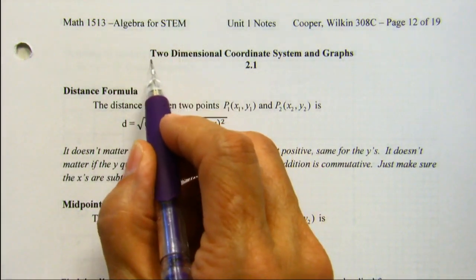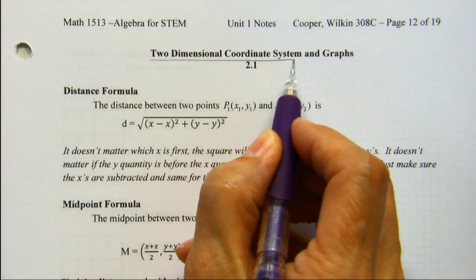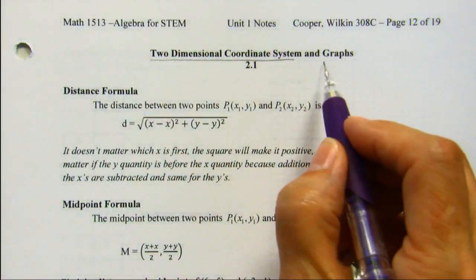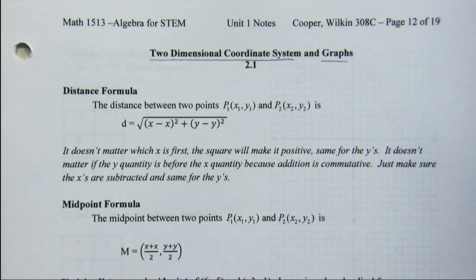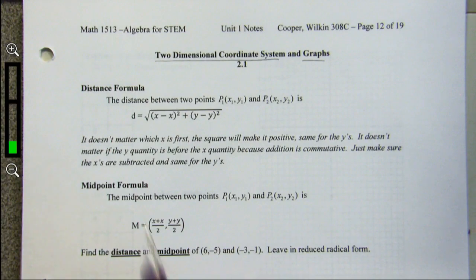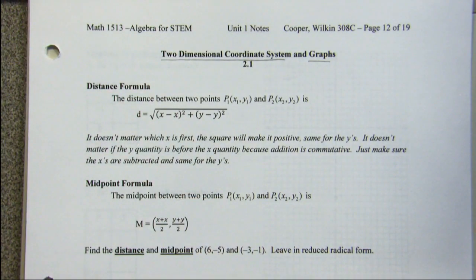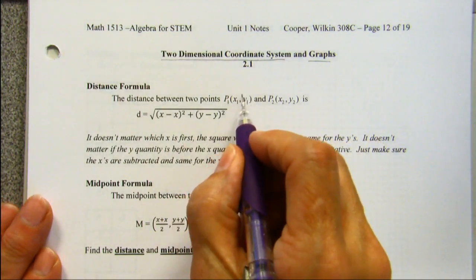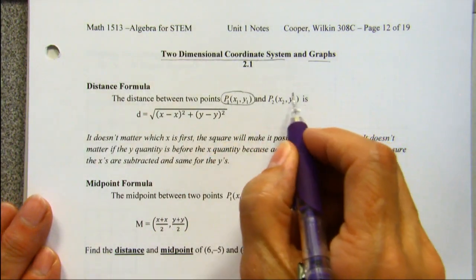We're going to look at the two-dimensional coordinate system, and we're going to do some graphs. But before we get there, we're going to look at the distance formula. Distance formula is used a lot in calculus. So if you're going to be moving on to calculus, if you're taking a business calc, you'll probably see this formula again.